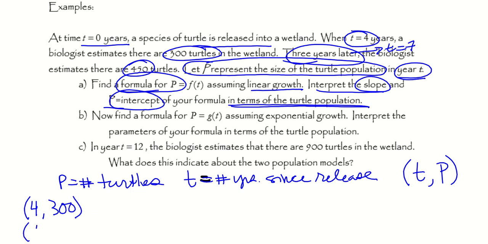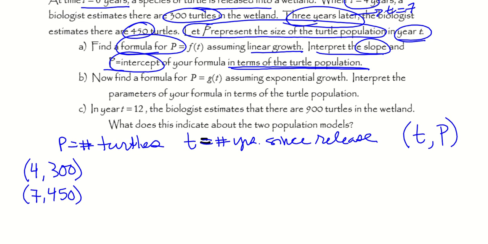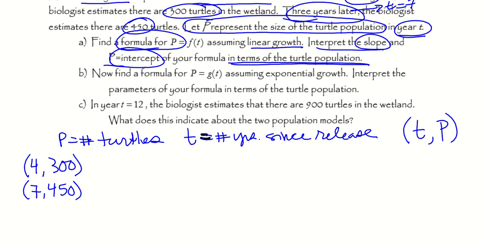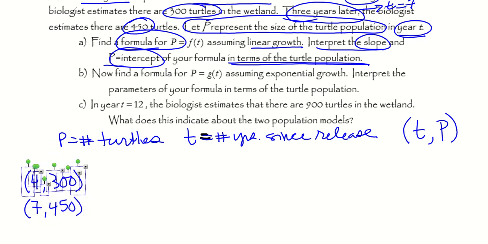So that would be the point 7, 450. If we are going to assume linear growth, then we're going to take these points and write them in the form of a linear function. Let me move these down.